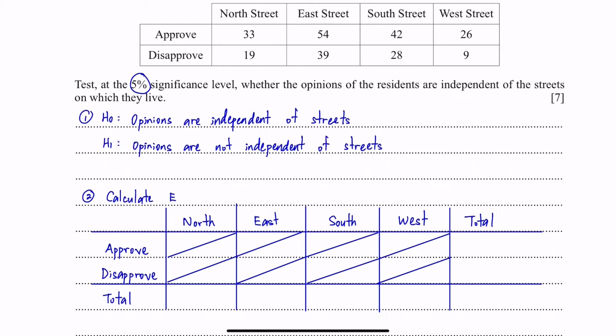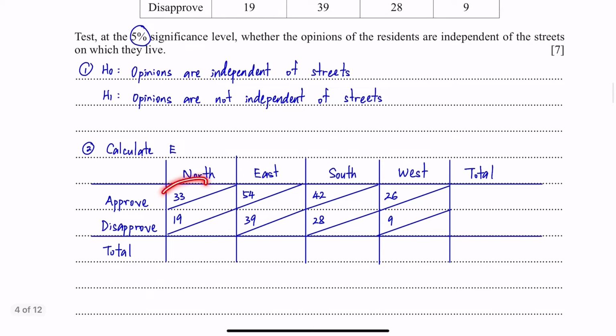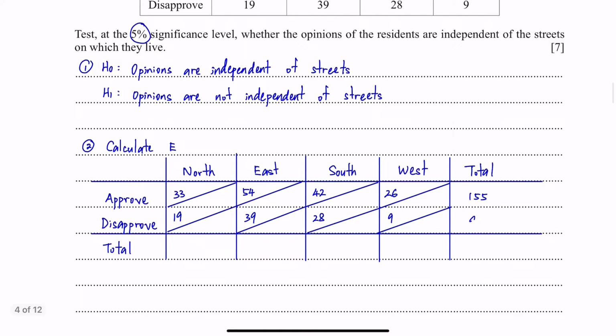So now I'll copy down the values: 42, 26, 19, 39, 28, and 9. And now I would sum up all these values and place it here, and this would give me 155. Same thing goes to this row. I would sum up all these values and put it here. So this would give me 95.